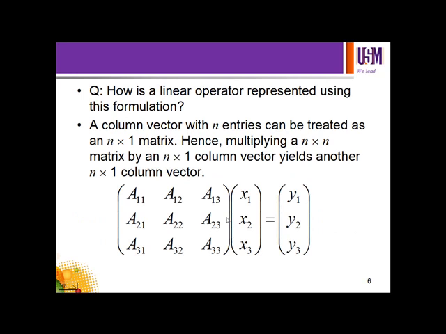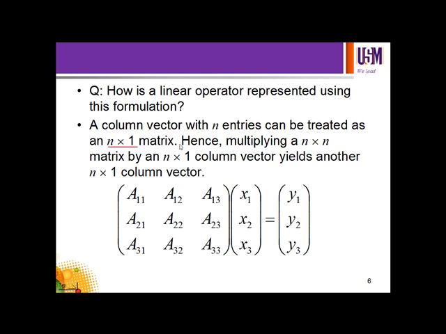So the question is, how is a linear operator represented using this formulation? That means using columns and rows, or in other words, in matrix form. A column vector with n entries can be treated as an n by 1 matrix. That means we have n rows and 1 column.